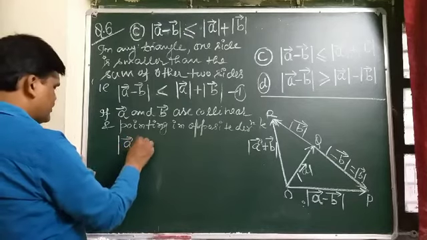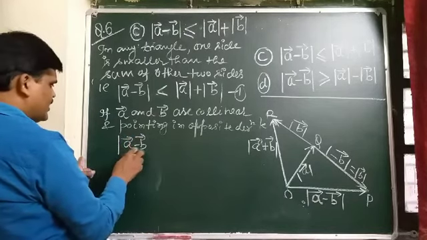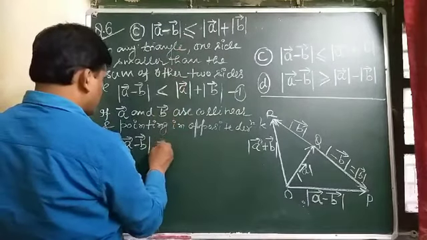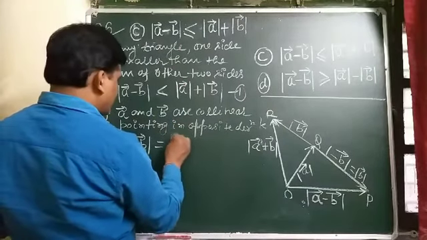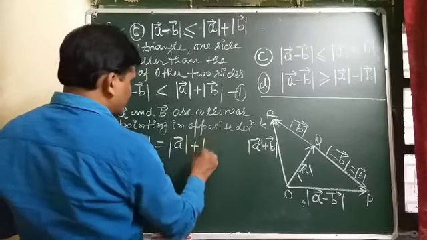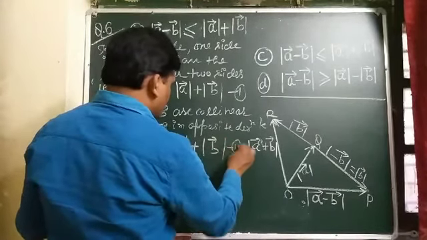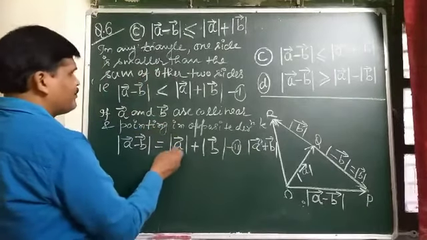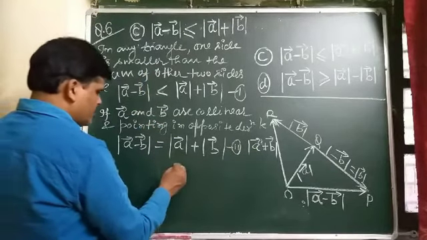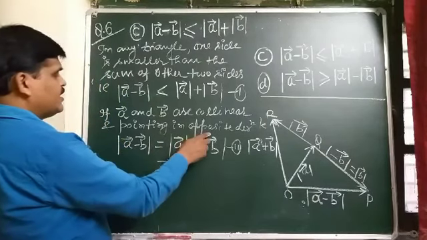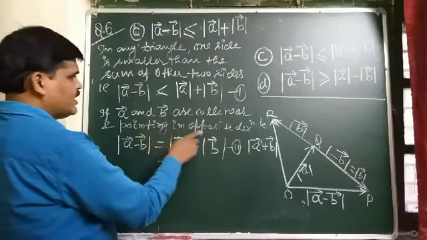Mod of vector A minus vector B is equal to mod vector A plus mod vector B, and this is equation 2. And again we take the example: vector A and vector B acting in opposite direction, two collinear vectors pointing in opposite direction.